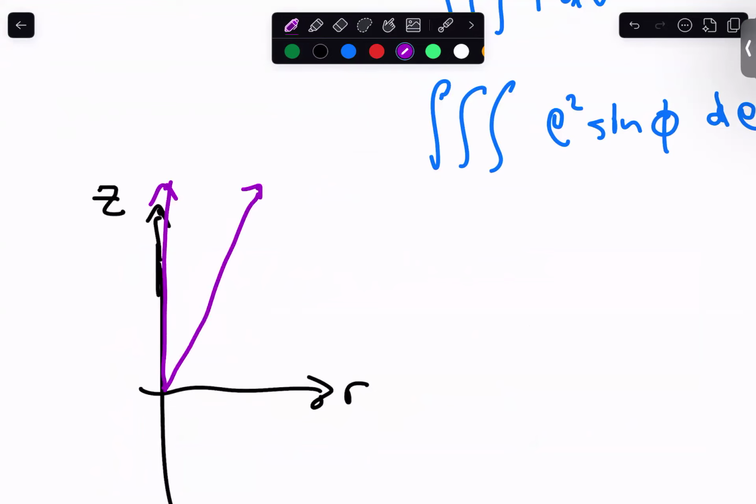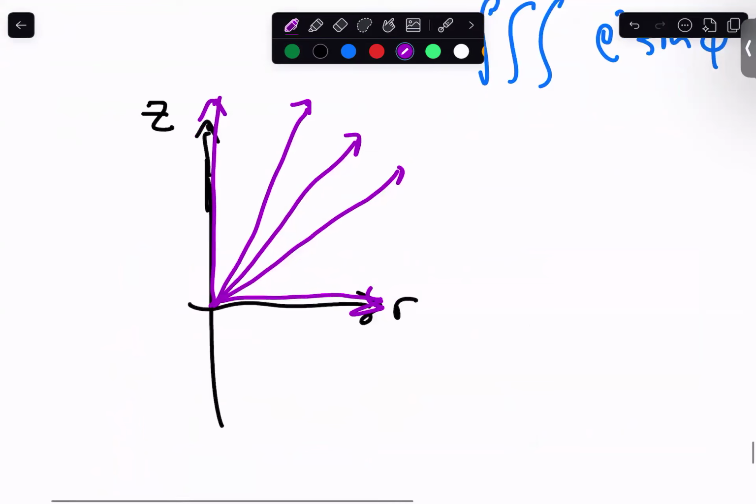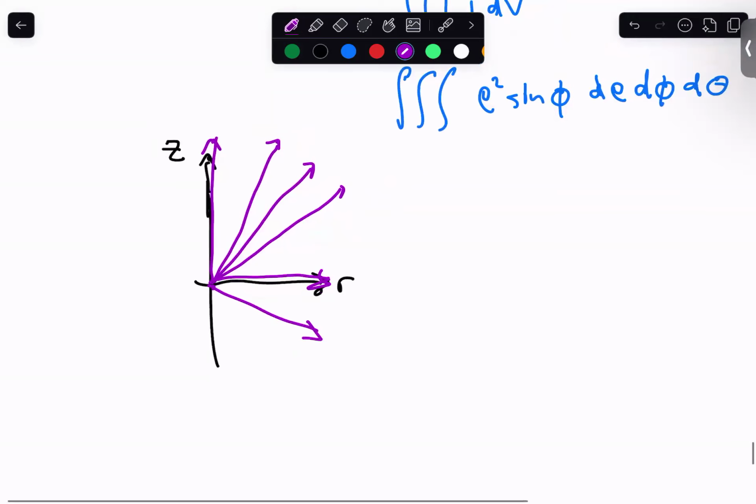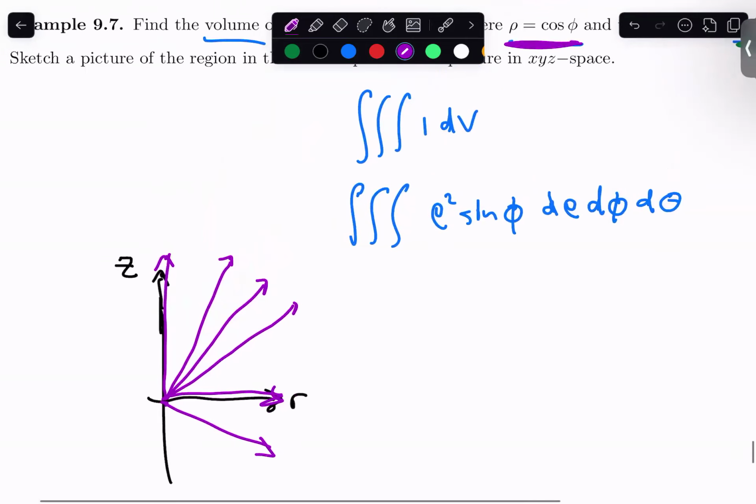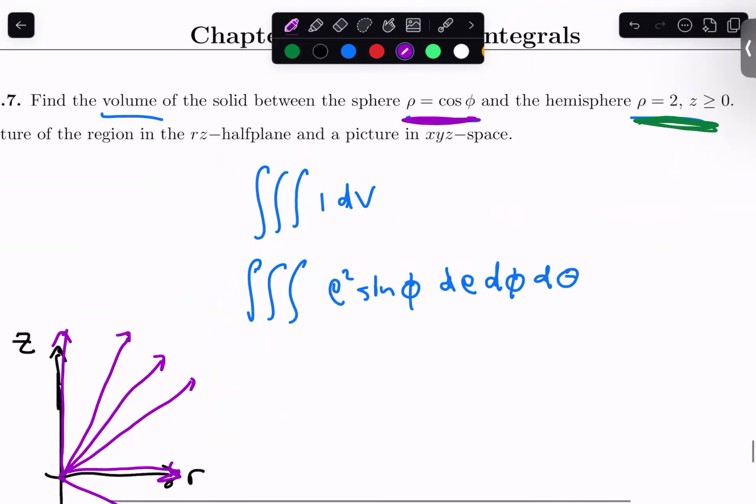Phi equals pi over 6, pi over 4, pi over 3, pi over 2. And as we saw in the pre-class video, something happens when you start going down here. We can talk about that again. But here would be maybe phi equals 2 pi over 3, for instance.